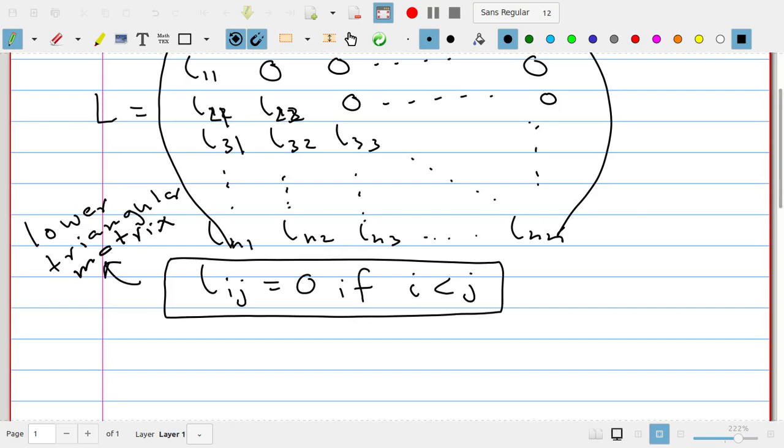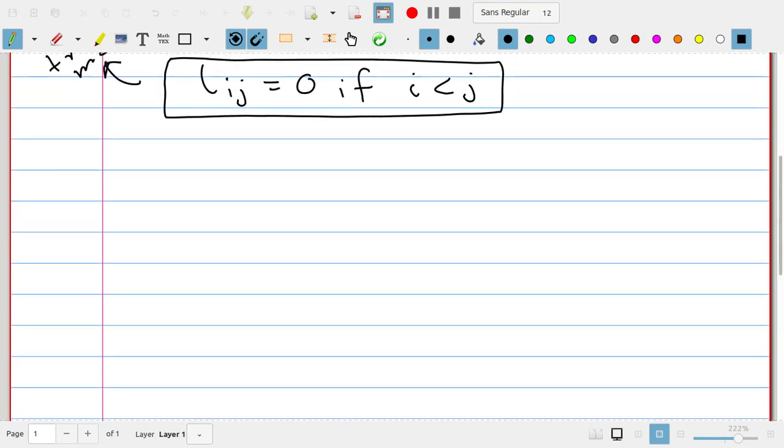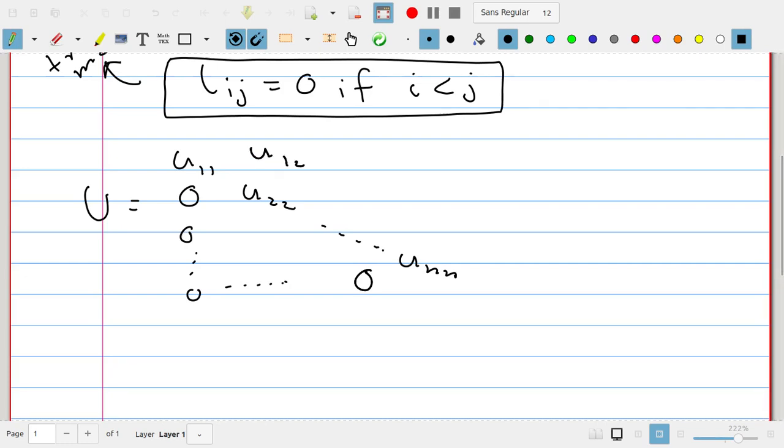The upper triangular matrix is defined in just the opposite fashion. An upper triangular matrix, let's call it U, is a matrix for which everything below the main diagonal is 0, and everything above the main diagonal may or may not be 0, U1n, and so on.